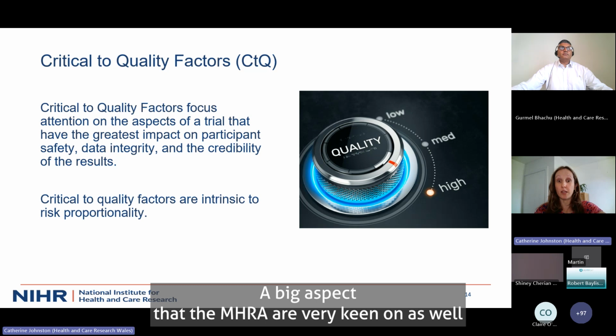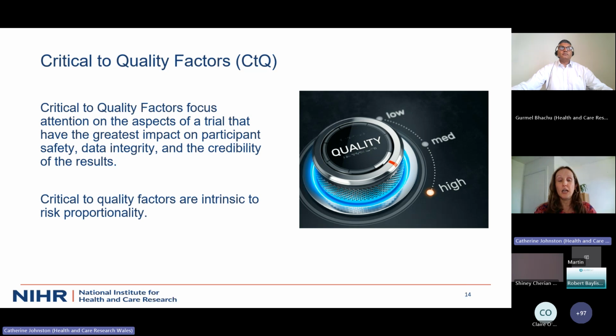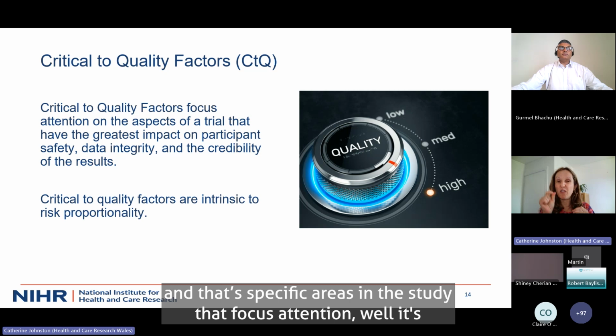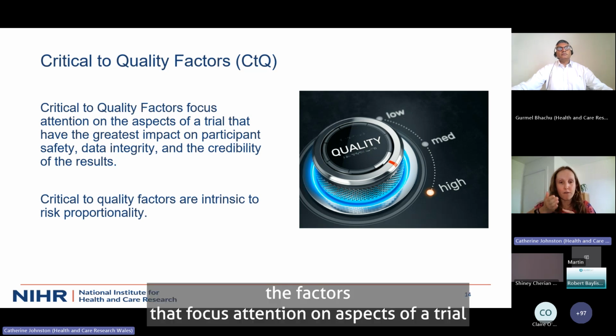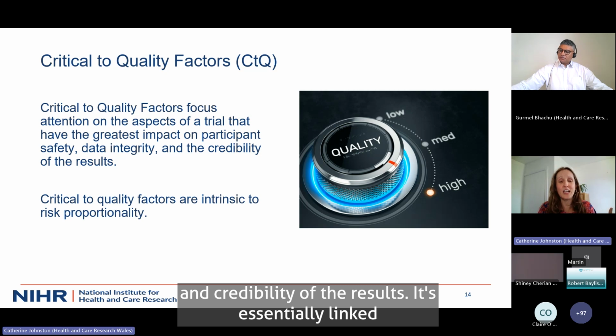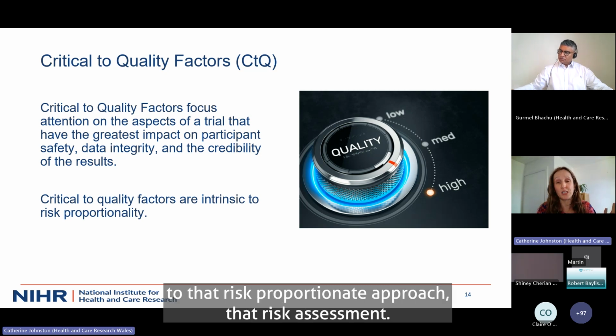A big aspect that the MHRA are very keen on as well is what they're calling critical to quality factors. That's specific areas in the study that focus attention, the factors that focus attention on aspects of a trial that have the greatest impact on participant safety, data integrity, and credibility of the results. It's essentially linked to that risk proportionate approach, that risk assessment.